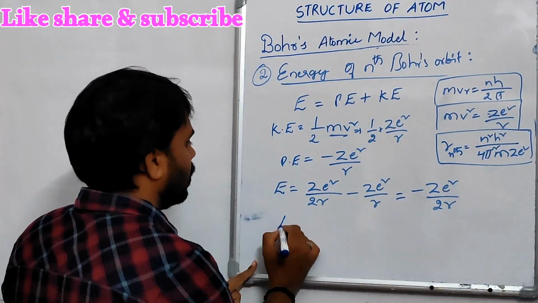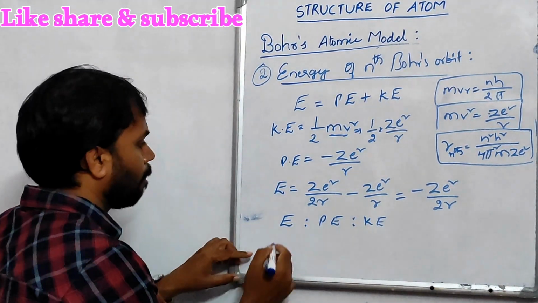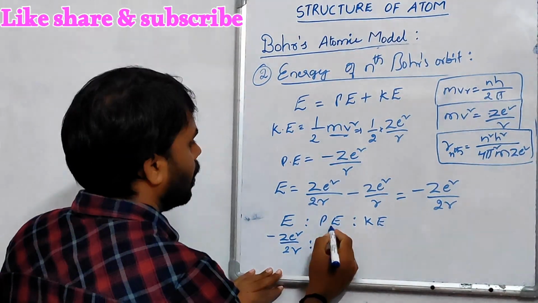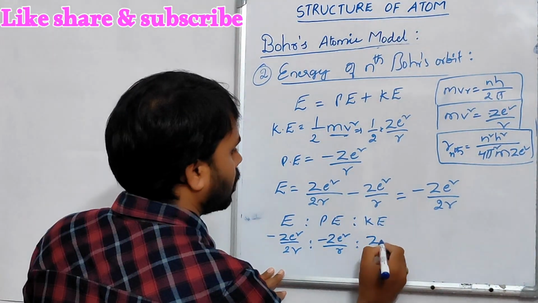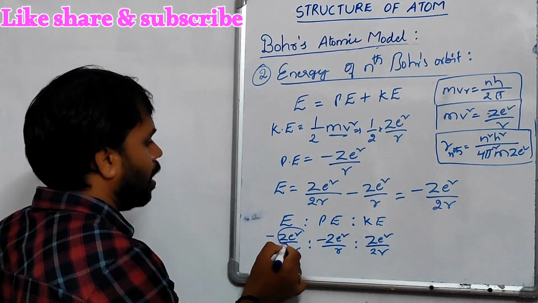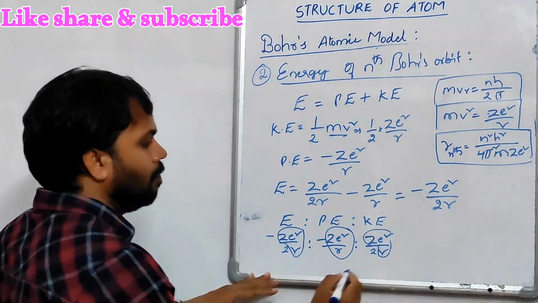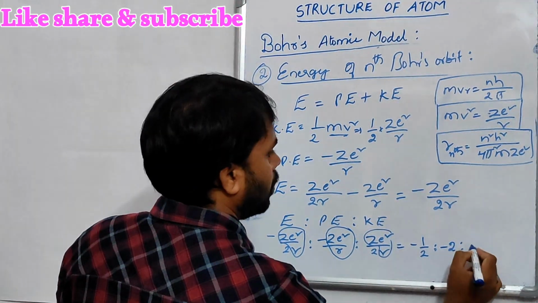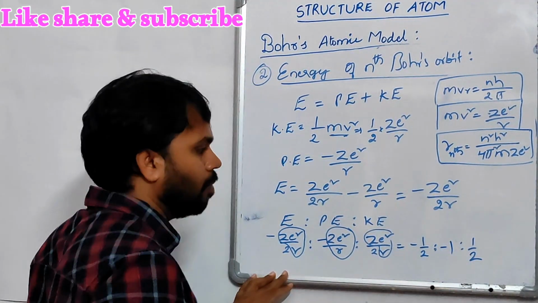The ratio of energy, potential energy and kinetic energy: energy is minus Ze square by 2r, potential energy is minus Ze square by r, kinetic energy is Ze square by 2r. In the three terms, Ze square by r is common, from which we get minus 1 by 2, minus 1, plus 1 by 2.